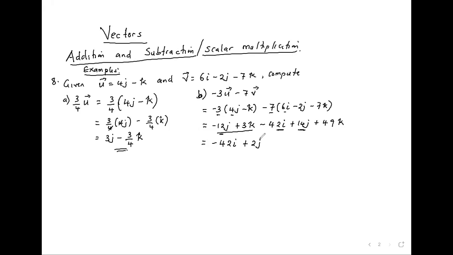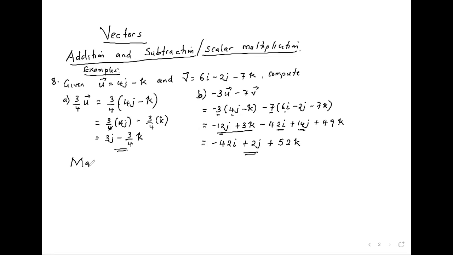And then 3k plus 49k, we get 52k. And we're done. So when we add or subtract vectors, you get a vector.